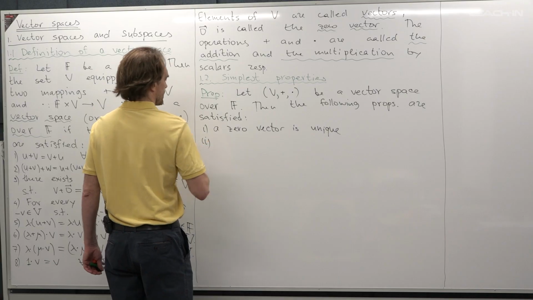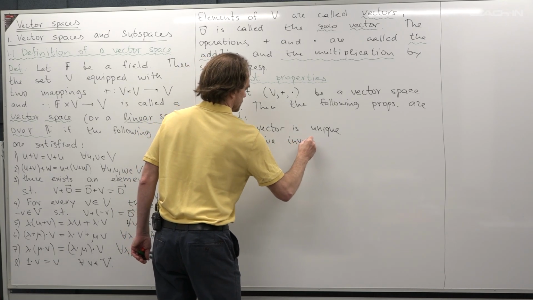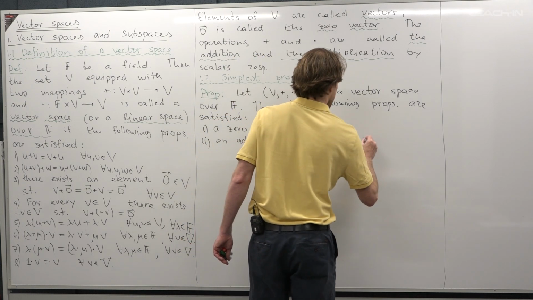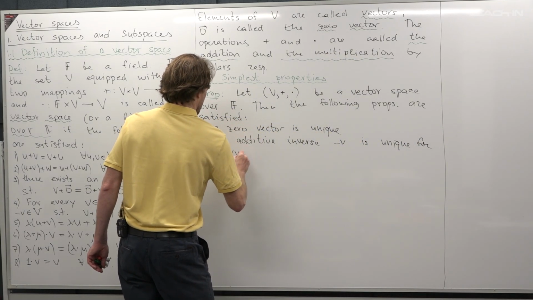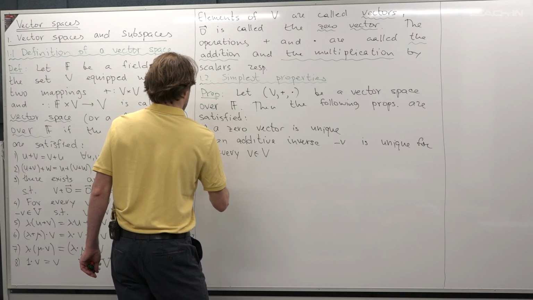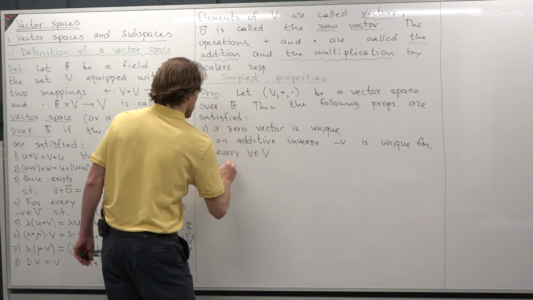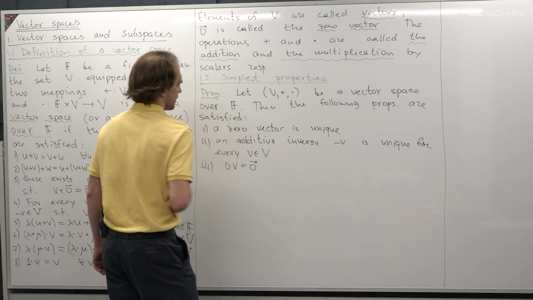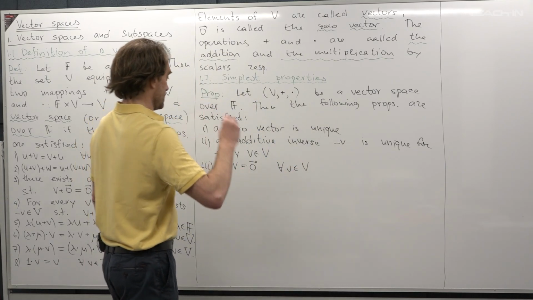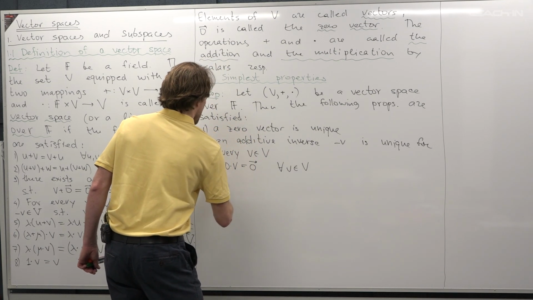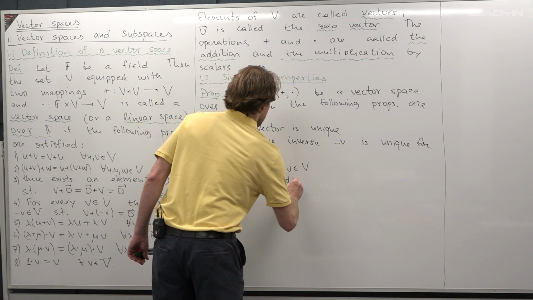An additive inverse minus V is unique for every V from V. Then 0 multiplied by V equals the zero vector for every V from V, and so this would be A, and B, lambda multiplied by the zero vector is also the zero vector for every lambda from the field.